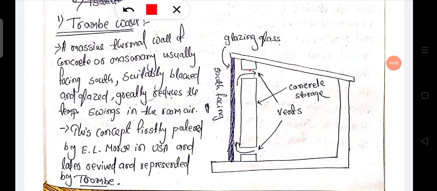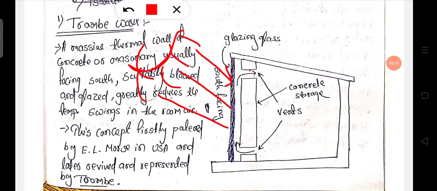Let's say the sun is here. The sun rays fall on the double glazed glass surface and heat the glass surface. This is our room.